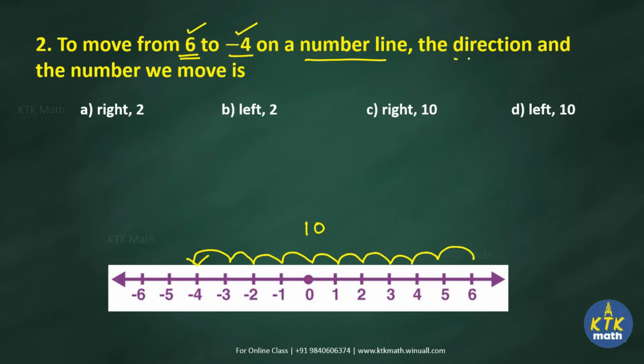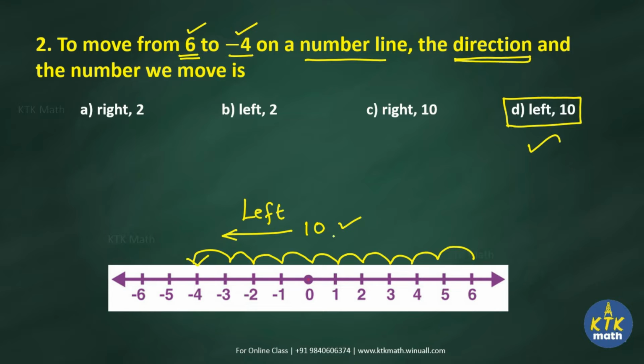In the question they are mentioning the direction also. From 6 you are moving towards left. Can you understand? From positive to negative I am taking jumps towards the left side. How many jumps? 10 jumps. Therefore your answer for the second question is option D, left and 10 units.